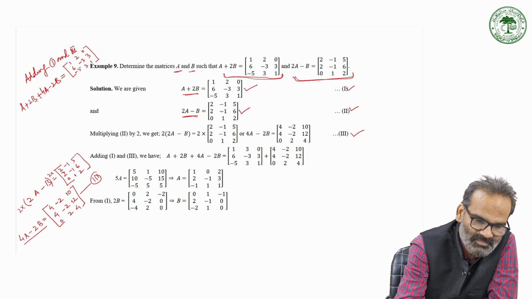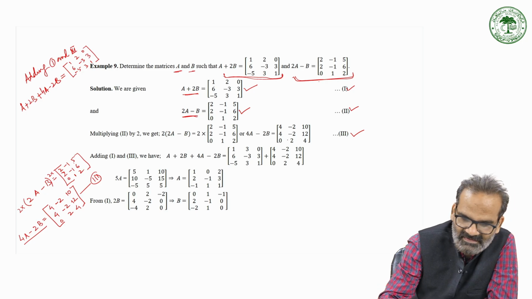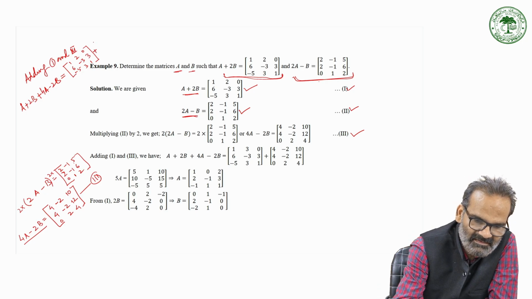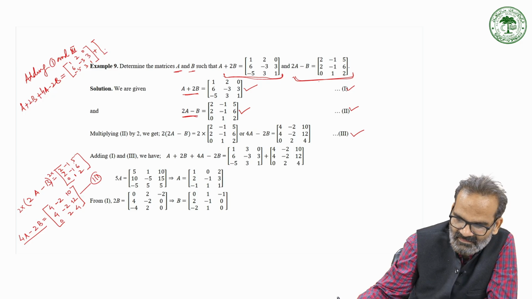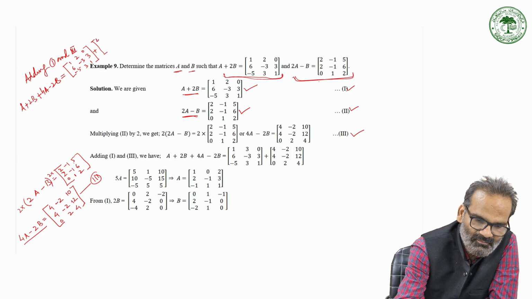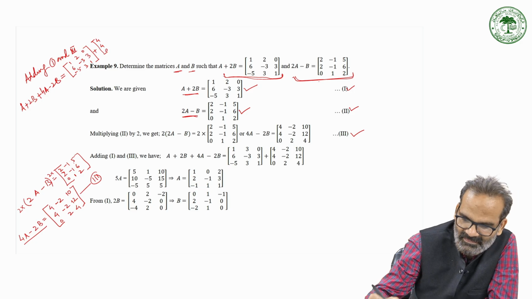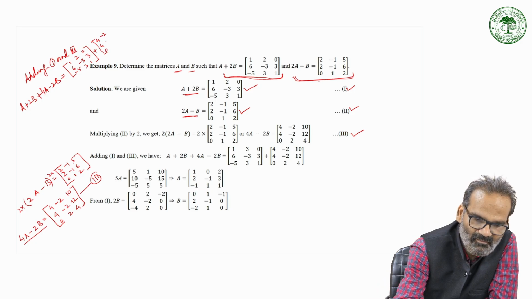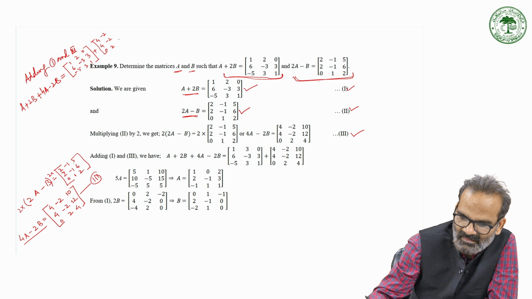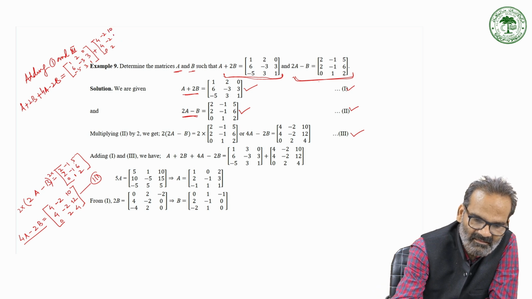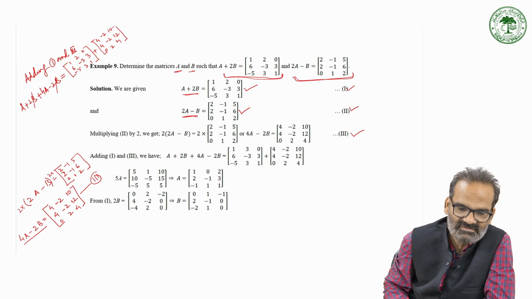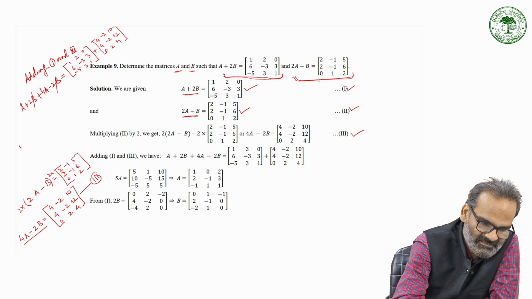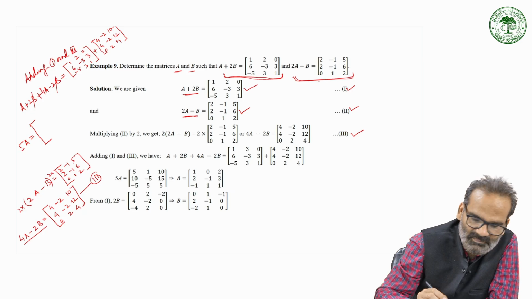This is A plus 2B, and 4A minus 2B is this, so we add this matrix here: 4, 4, 0, minus 2, minus 2, 2, 10, 12, 4. We are getting this. So 2B and 2B will cancel out. What is left? 4A plus A is equal to 5A. 5A is equal to the sum of these two matrices.